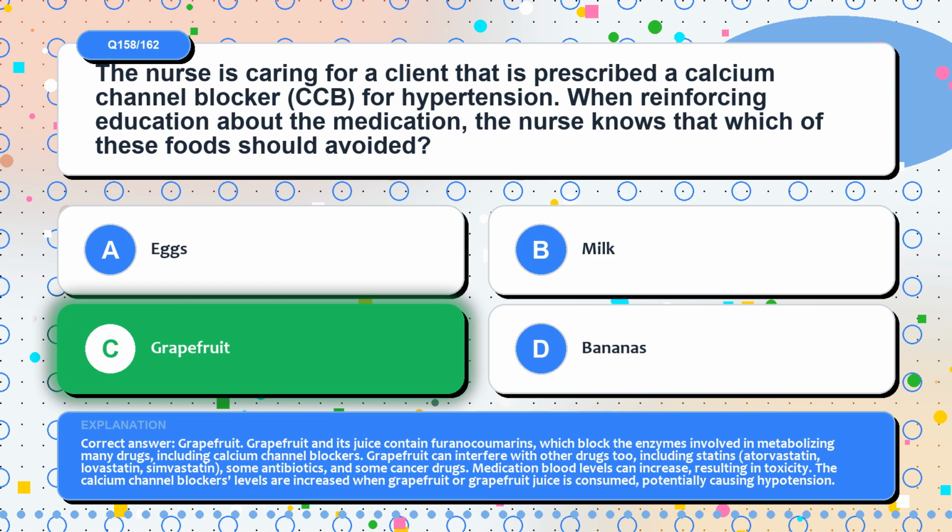Grapefruit can interfere with other drugs too, including statins, atorvastatin, lovastatin, simvastatin, some antibiotics, and some cancer drugs. Medication blood levels can increase, resulting in toxicity. The calcium channel blocker levels are increased when grapefruit or grapefruit juice is consumed, potentially causing hypotension.